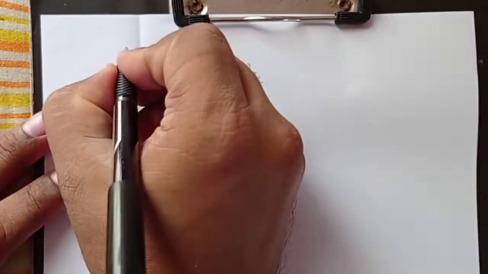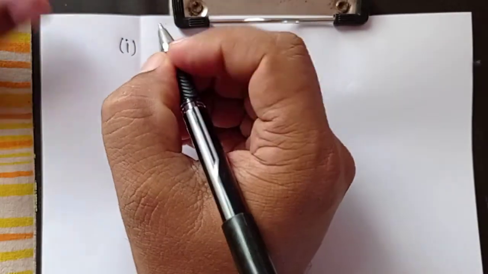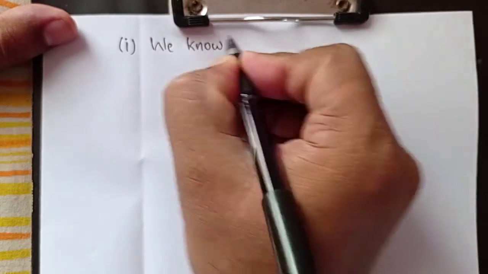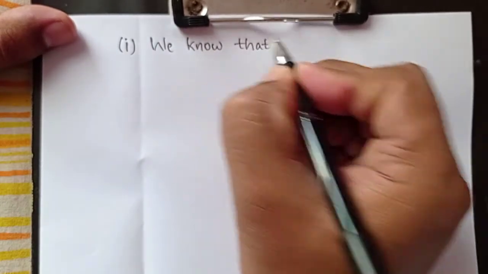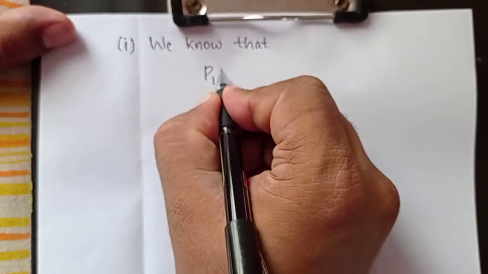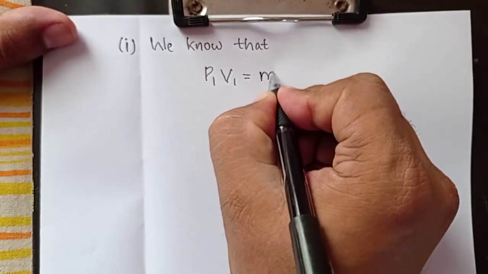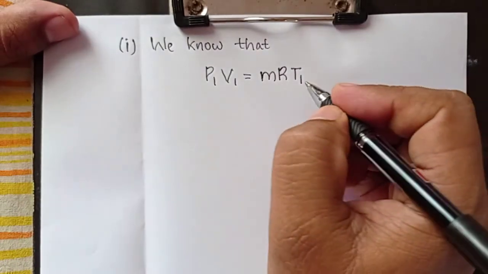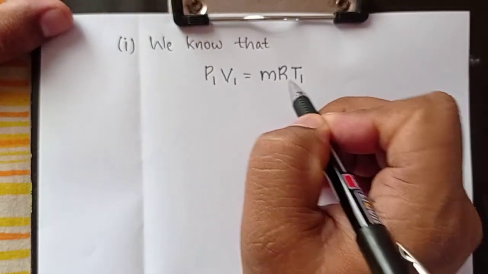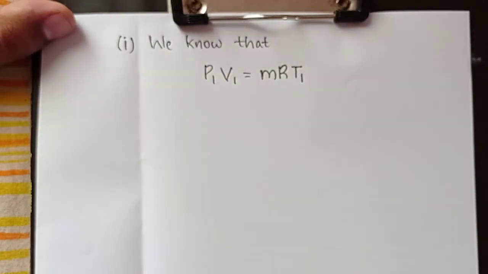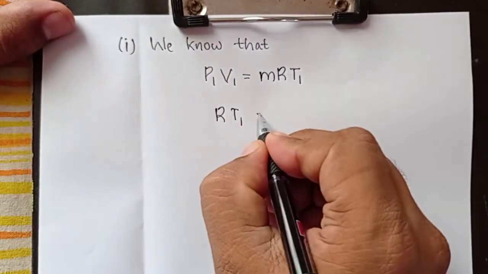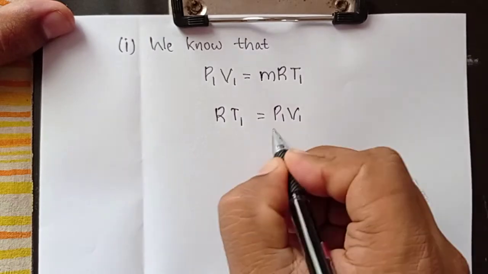So again, to find the value of R, initially we know that P1 V1 is equal to m R T1. I'll repeat, P1 V1 is equal to m R T1. We don't know the value of R, and we don't know the value of T1. So we will find this value in terms of R and T. So R T1 will be equal to P1 V1 by m.